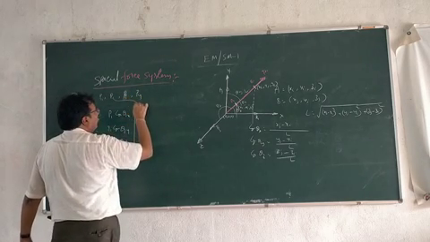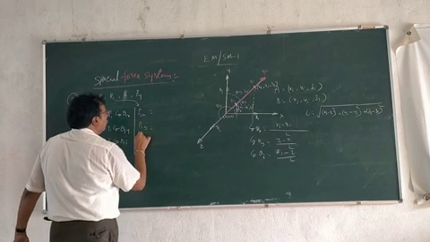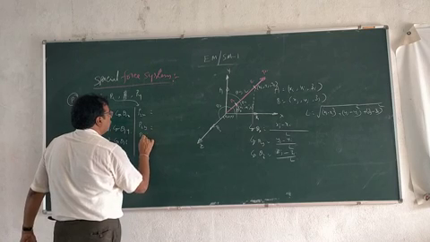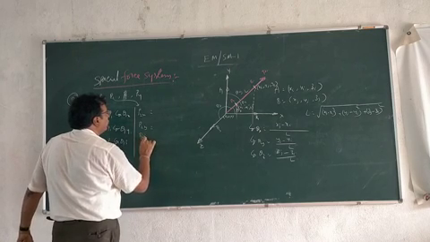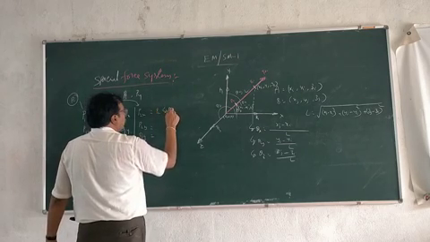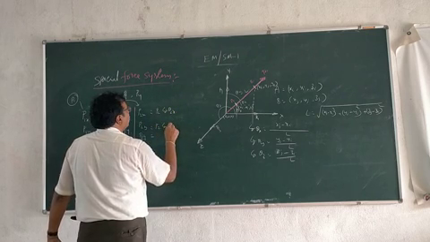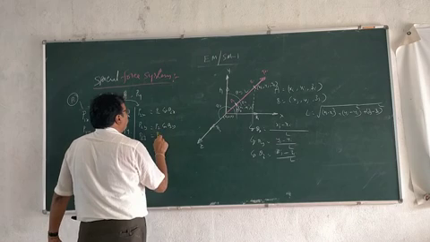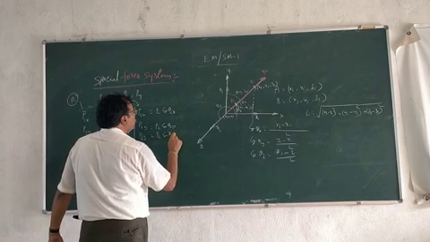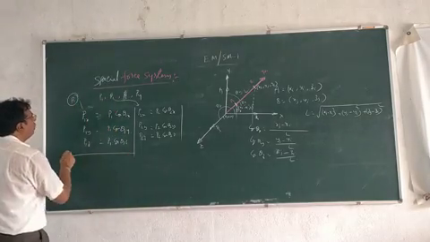I am talking about P2. P2x, P2y, P2z. It is P2 cos theta 2x, P2 cos theta 2y, P2 cos theta 2z. Correct? Next, we come to theta 3.